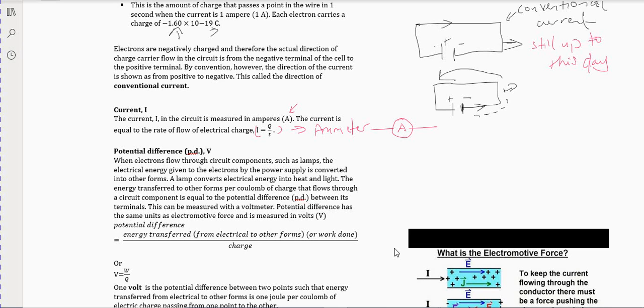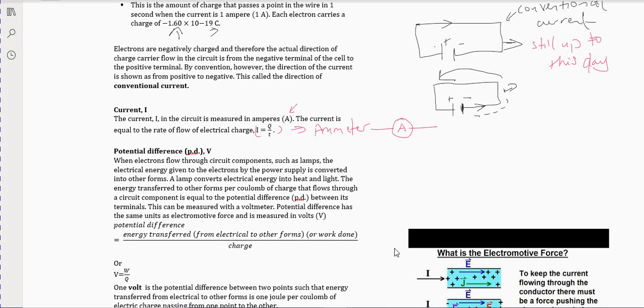So what we're saying is that whenever we have a circuit set up, electrons are going to flow through the components. We need to understand that there has to be somewhere the energy is coming from. The energy that the electrons receive comes from the power supply.